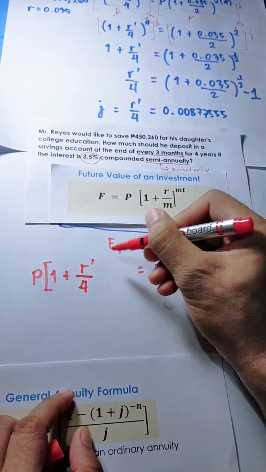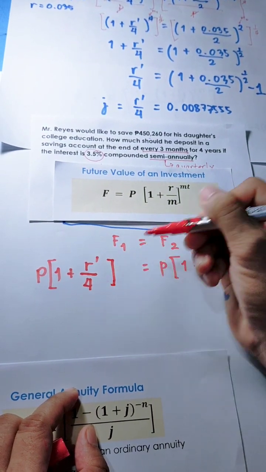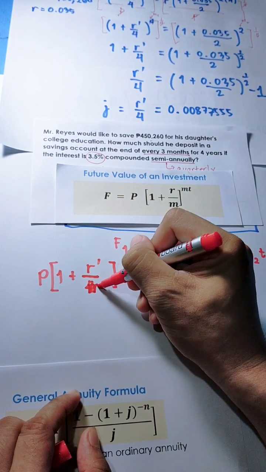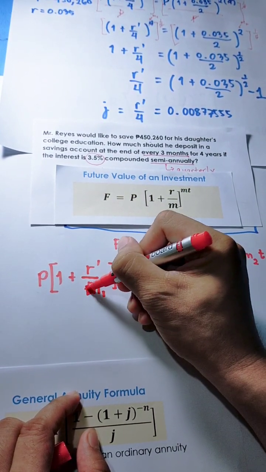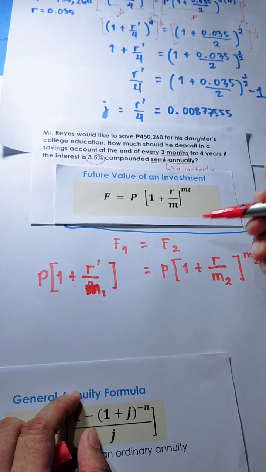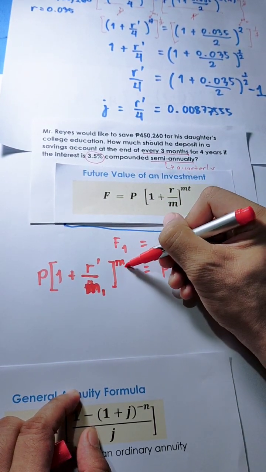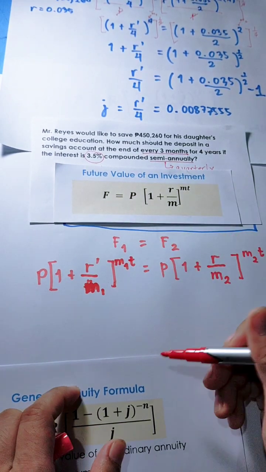Quarterly means 4 times a year. And we will denote this instead as M1, to have a general case. So we have M1 times T.